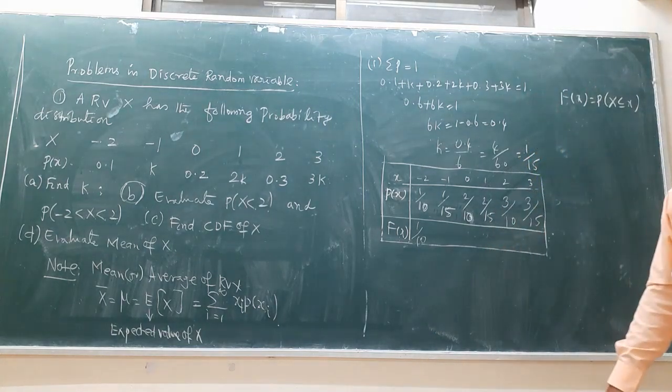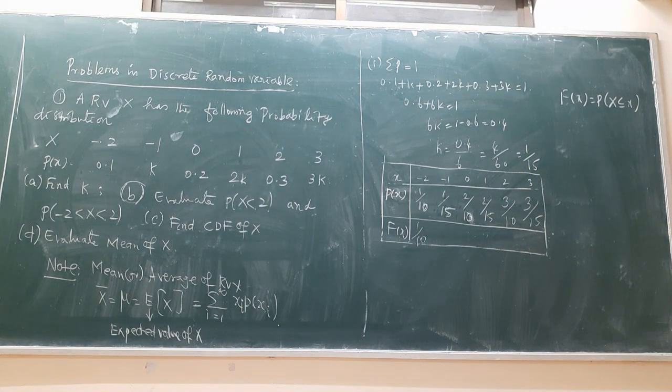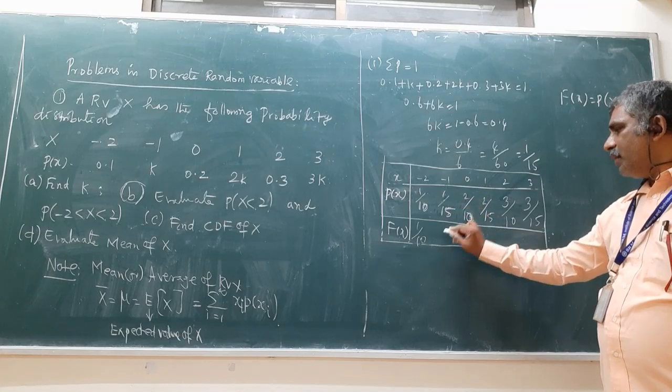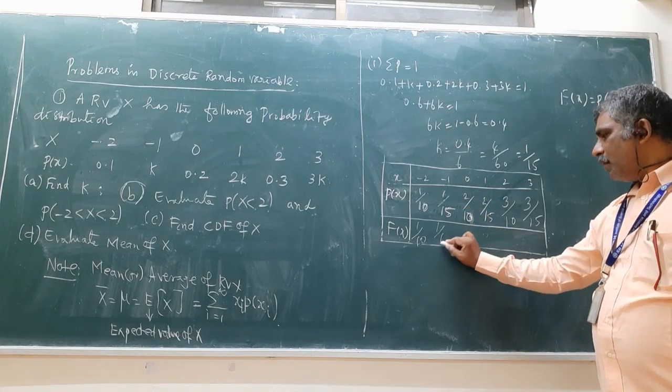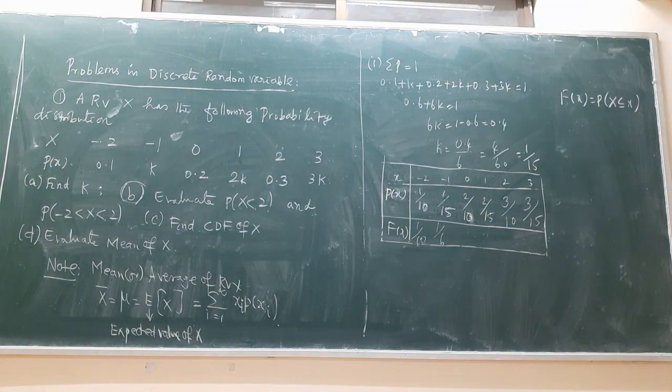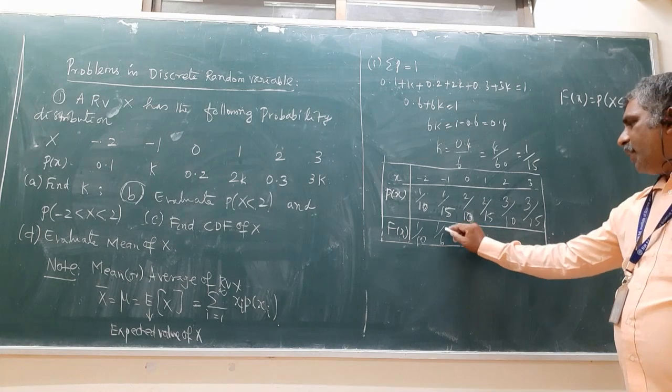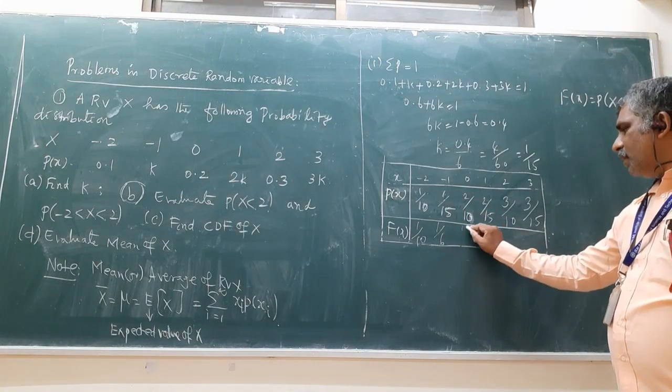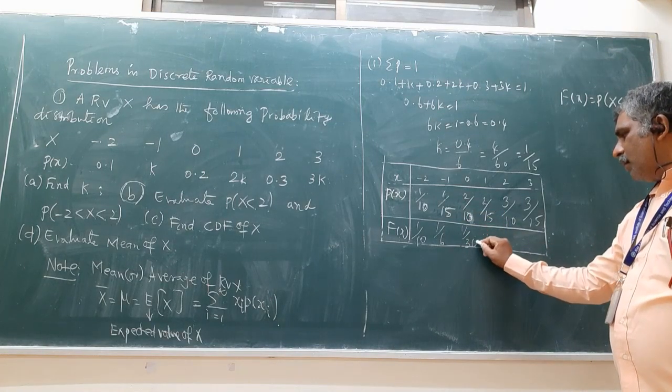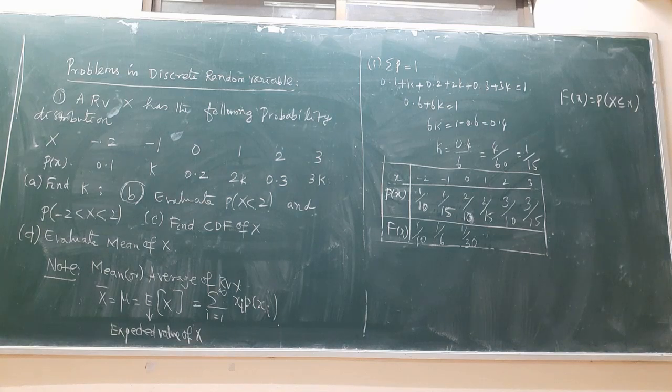So adding that, first value is 1 by 10. Second value, 1 by 10 plus 1 by 15, is 1 by 6. Add one more value, 1 by 6 plus 2 by 10, is 11 by 30.